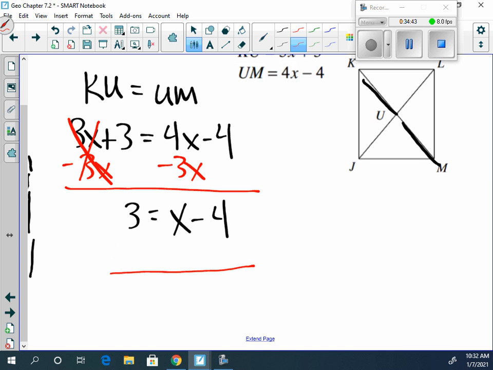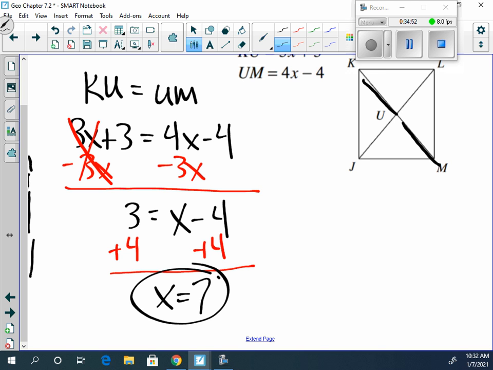And last but not least, we need to add 4 to both sides, telling us that x is equal to 7. That's it. Sit with that there.